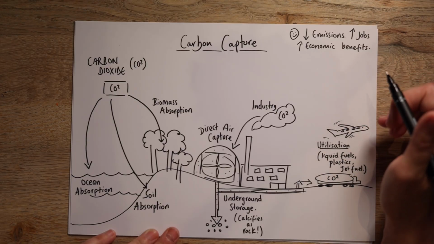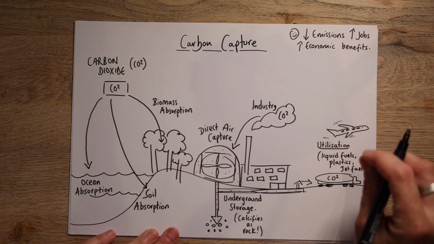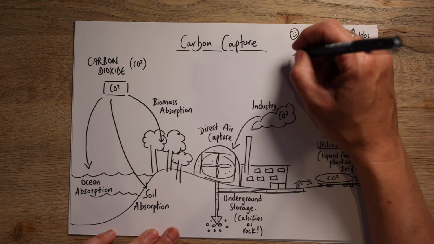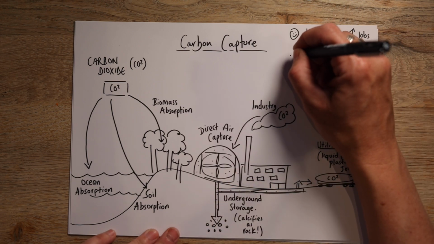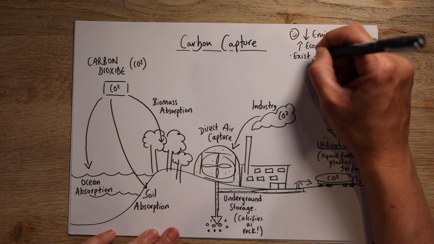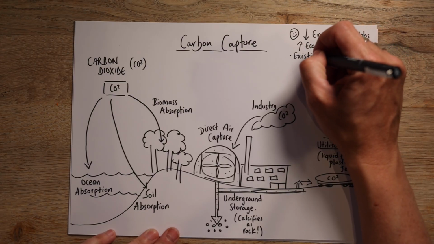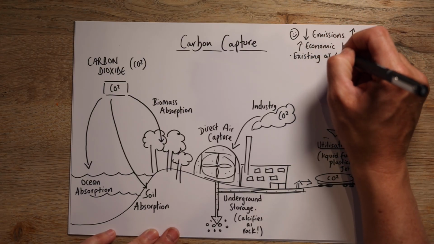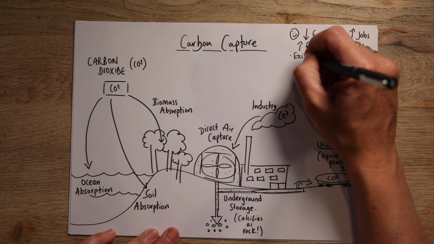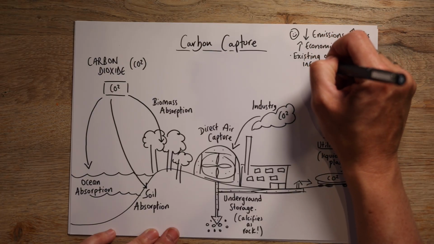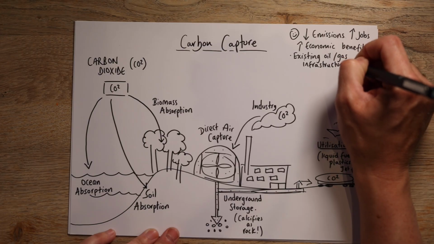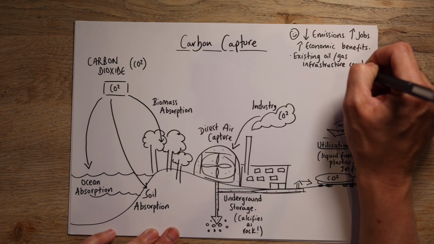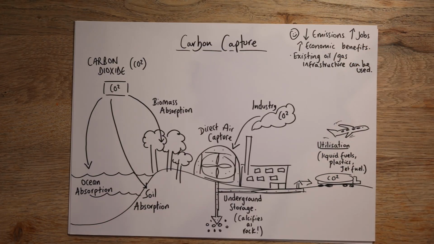Also, let's not forget they can use existing oil and gas infrastructure for transport and storage. So that means they're not having to create new. So the things like transporting it and storing it can be done with existing infrastructure.